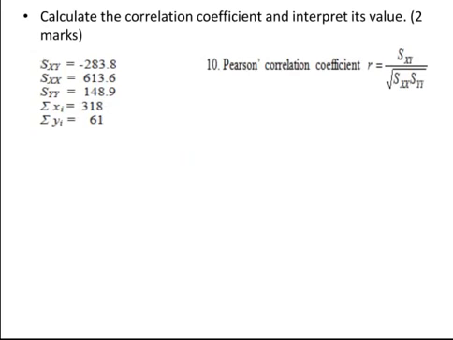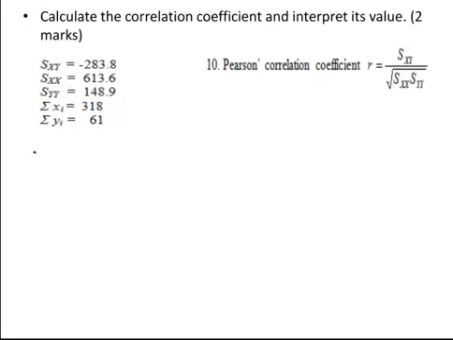Calculate the correlation coefficient and interpret its value. So from the back of the exam paper we have this formula here, the correlation coefficient, and it's equal to Sxy divided by the square root of Sxx times Syy.